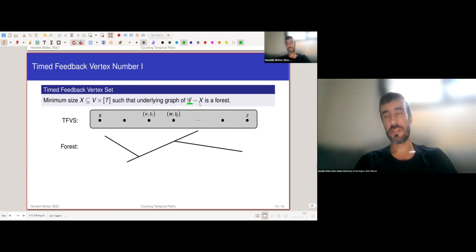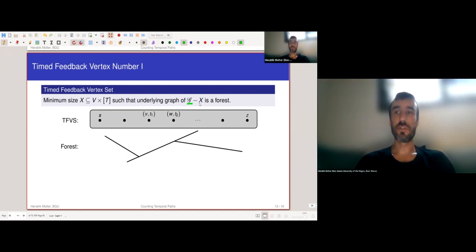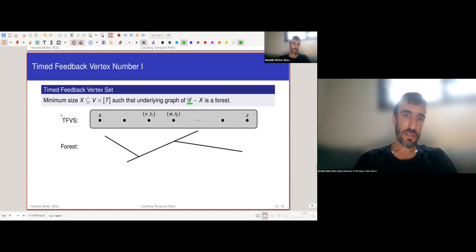If you think about it a little bit, you can see that this is at least the underlying feedback vertex number, and at most the underlying feedback vertex number times the number of time labels, or the age of the temporal graph. And if you try to visualize it, it kind of looks like this.